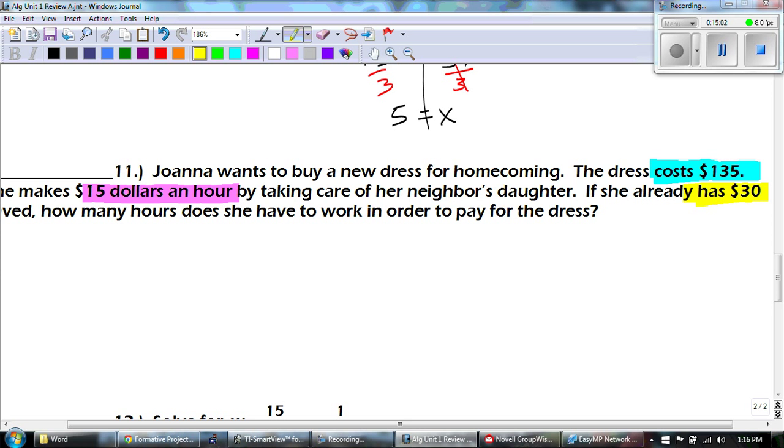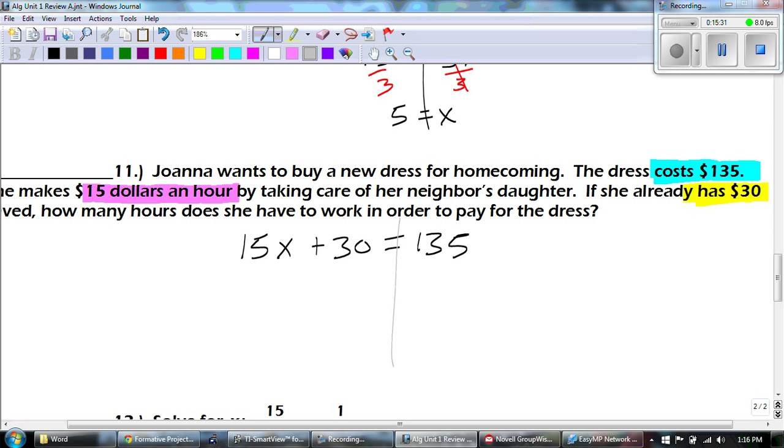So let's go ahead and figure everything out. The dress costs $135, so I know that everything needs to equal $135. She has $30 already, and then she makes $15 an hour. That's where we have to multiply. Now solve.